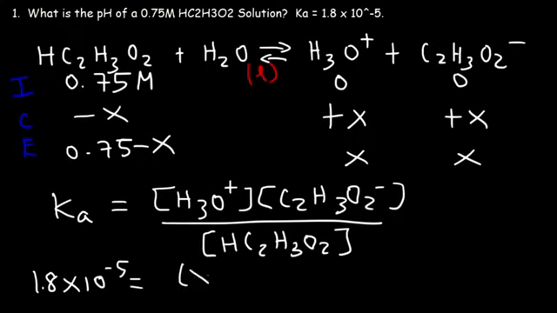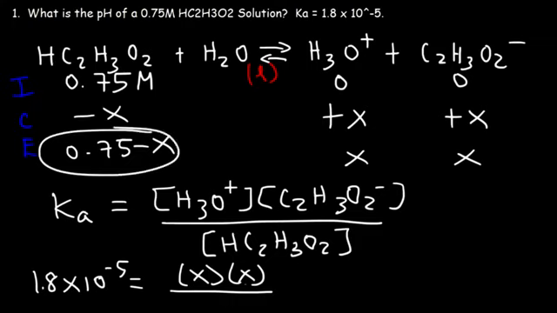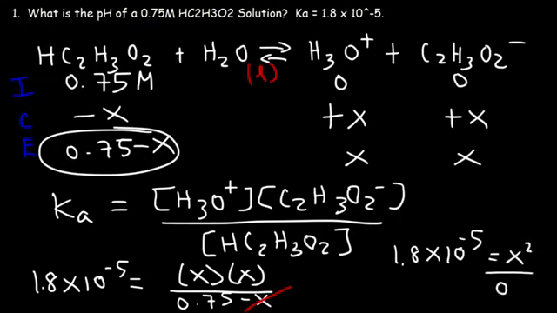H3O+ and acetate are both equal to X. Acetic acid at equilibrium is 0.75 minus X. Now because 10 to the minus 5 is pretty small, we can ignore this X. So therefore we can say that Ka, or this number, is equal to X squared divided by 0.75.